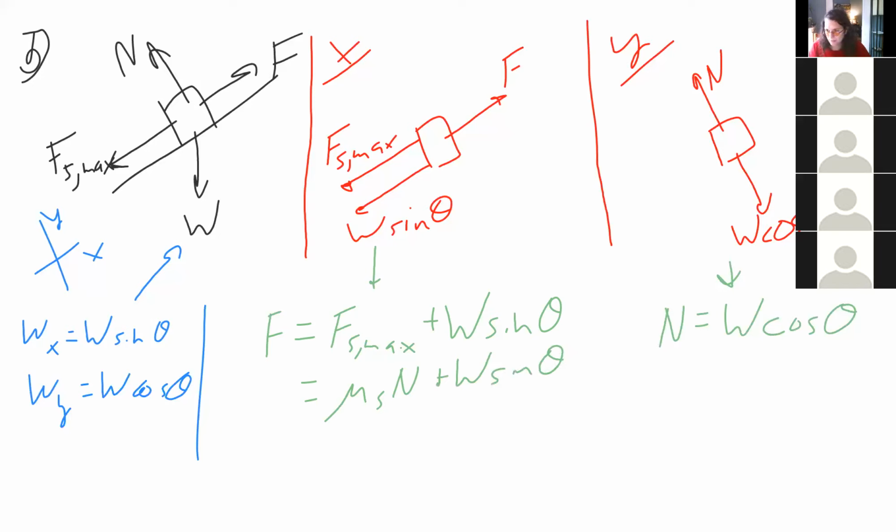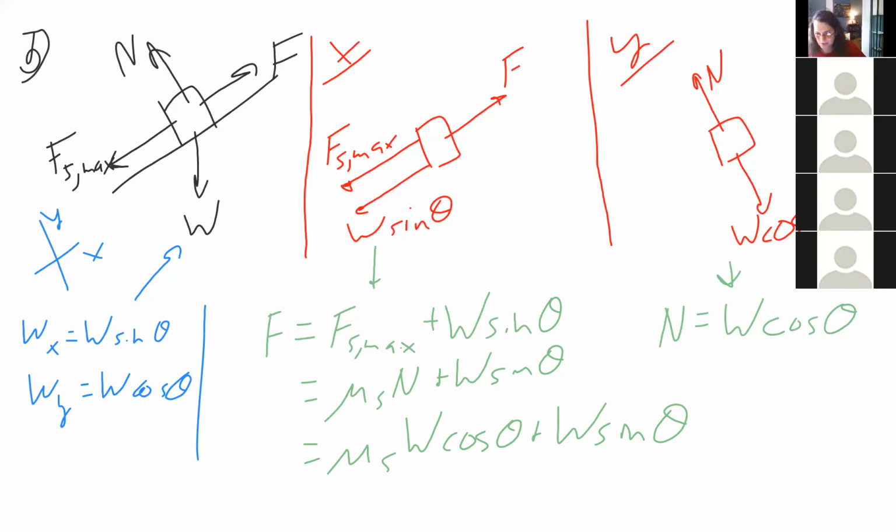And then I know my normal force from the y. I know that the normal force is W cosine theta. So this will be mu sub s times W cosine theta plus W sine of theta. Everything here now is given in the problem. I guess I'll go ahead and leave that there.